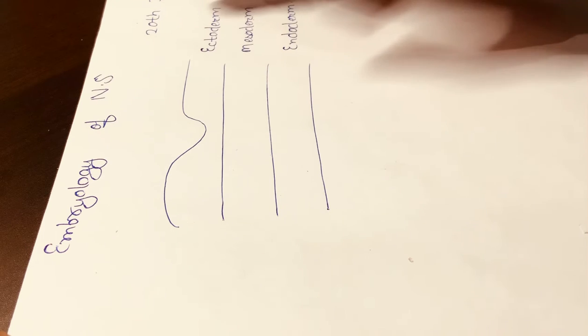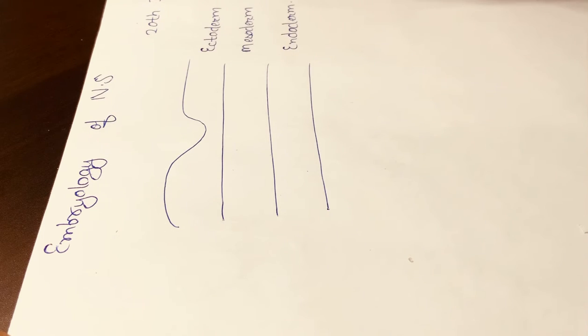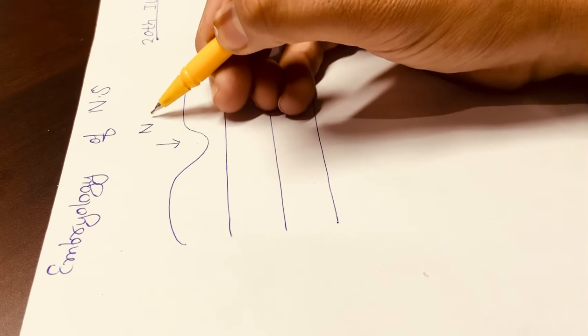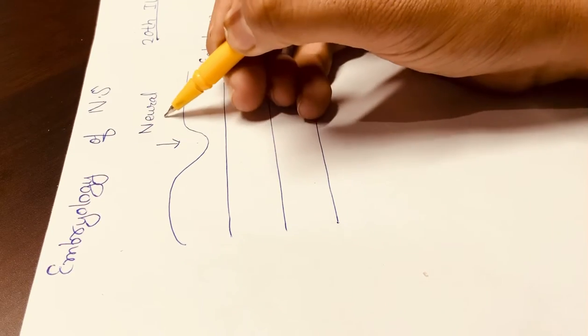Now these 3 layers are formed at the 20th day of intrauterine life. As generally animals are triploblastic, we mammals, this ectoderm has a groove, and this groove is known as neural groove. Which groove? Neural groove.